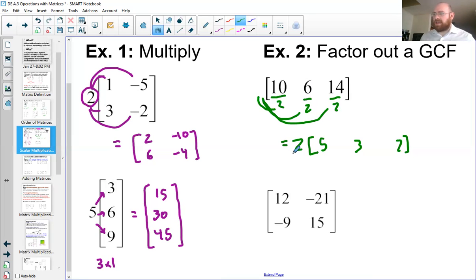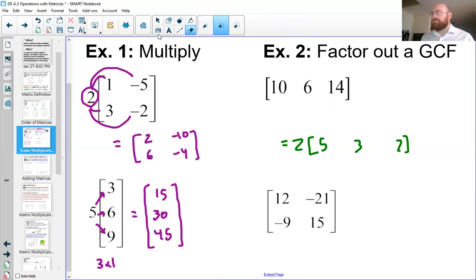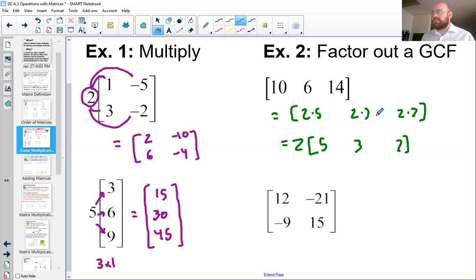The reasoning behind this is that we're not factoring out 1/2, we're really factoring out the 2. So perhaps a more appropriate way to write this intermediate step would be to say that our matrix is really 2 times 5, 2 times 3, and 2 times 7. Once we write it in this form, it's more obvious visually how we are factoring out the 2. This only works when all of the numbers in our matrix have the same common factor.